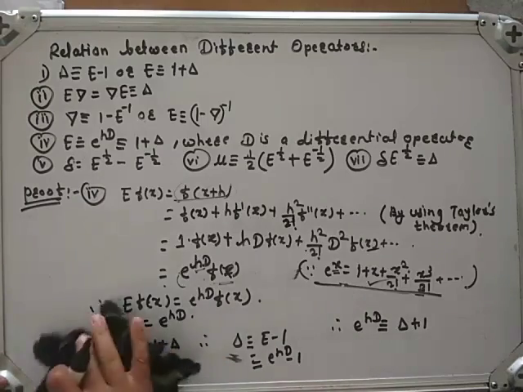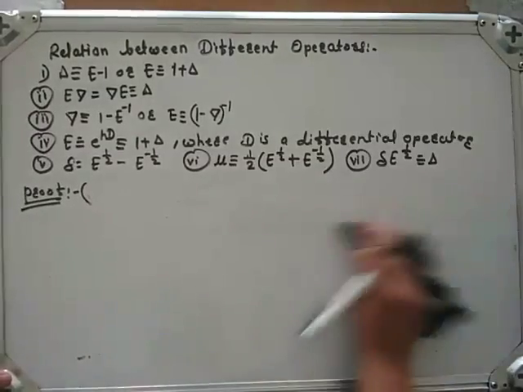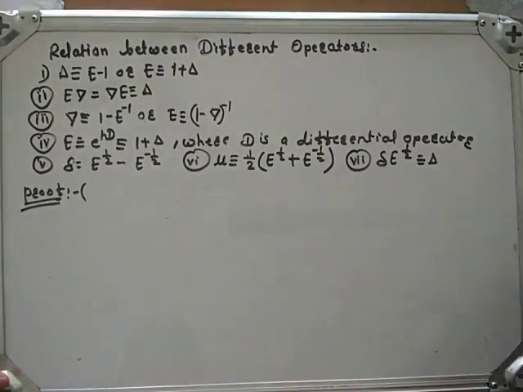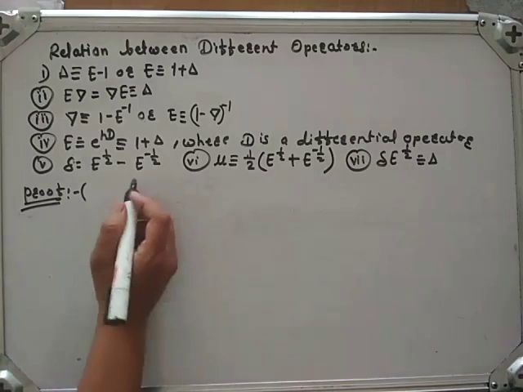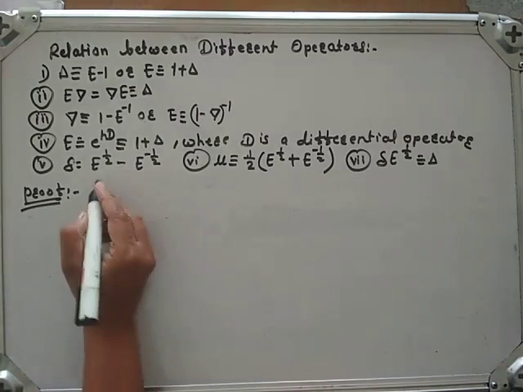Now, we will prove relation number 5. In relation number 5, we have to prove that delta is equivalent to E raised to 1 by 2 minus E raised to minus 1 by 2.